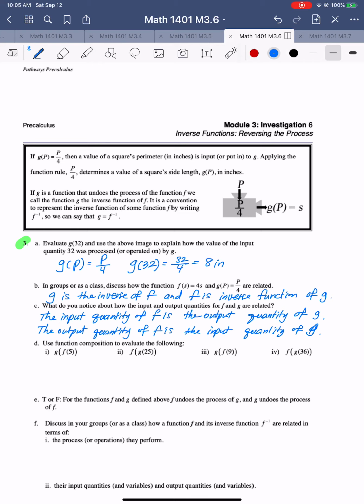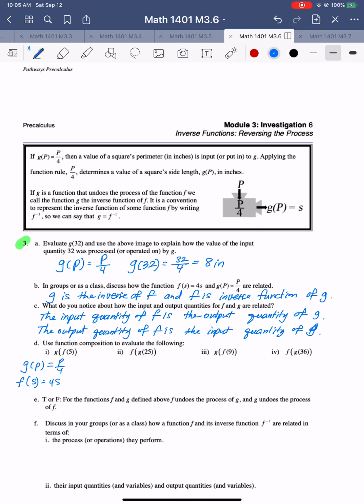Okay, so use function composition to evaluate the following. What we need is, okay, the g function is g of P equals P over 4, and the f function is f of s equals 4s, okay? So let's see what we get.